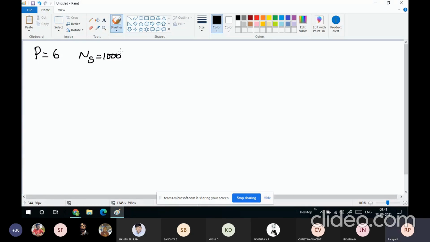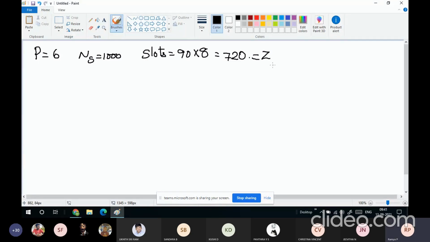So the slots is equal to 90, and in each it has 8 conductors. So I can multiply with 8. So finally I'm going to get 720 conductors. This is nothing but my value for Z.